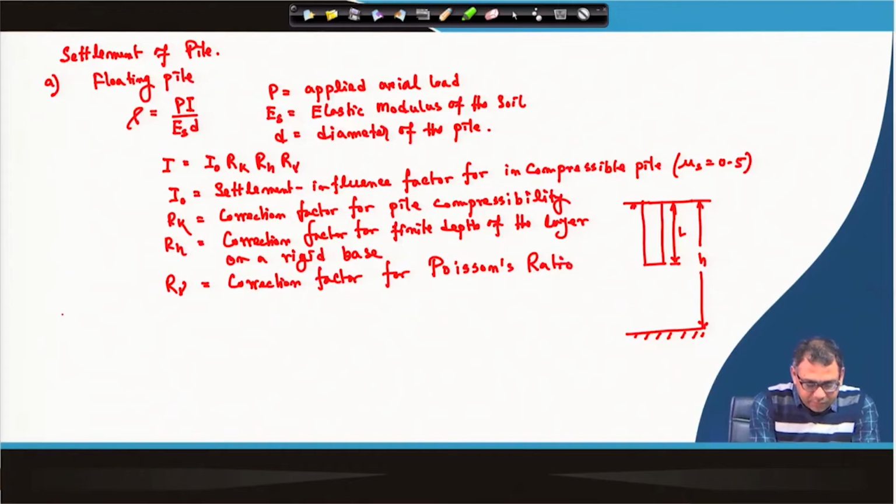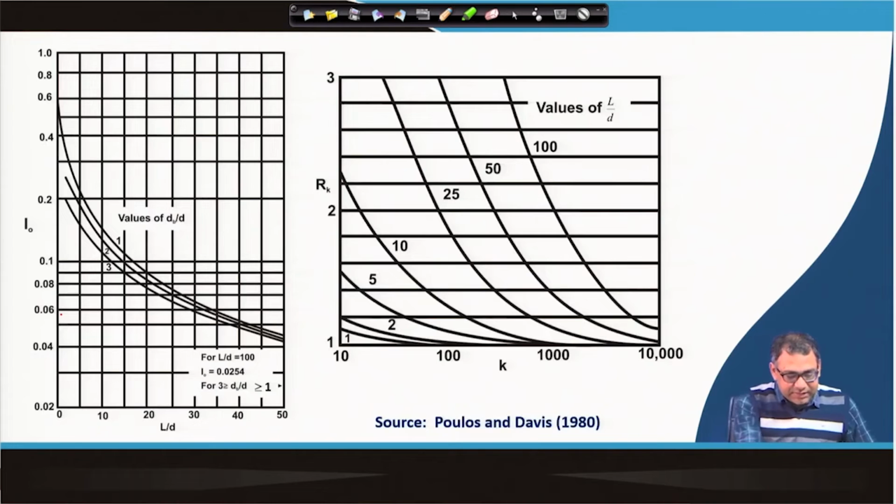Okay. Now, how will we calculate this correction factor? So, this is I 0, which we get for different L by D and for different d b by b. If L by D is greater than or equal to 50, then I 0 will be equal to this value, but this is valid for d by b 1 to 3.